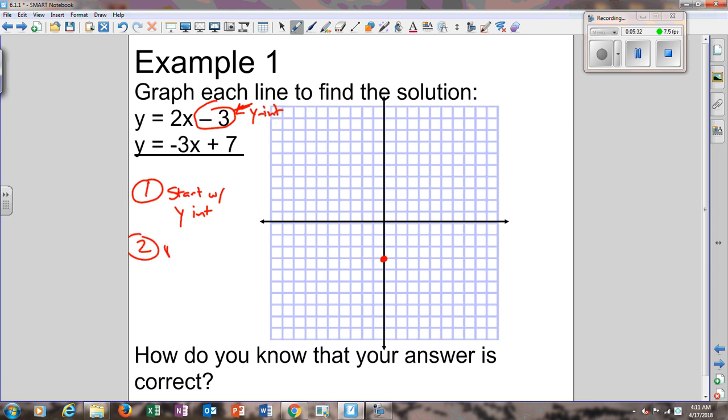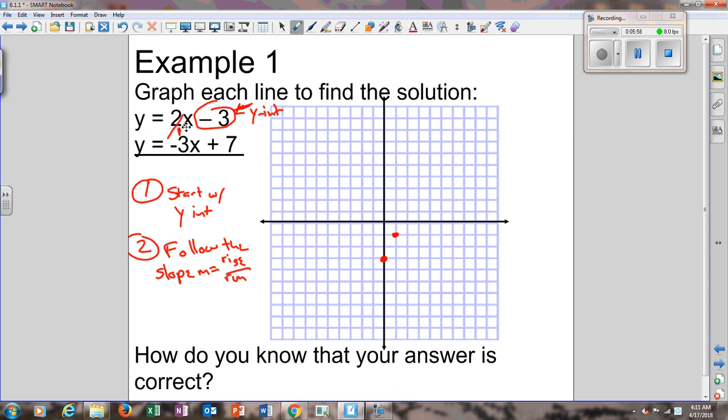Step 2, follow the slope, m, which is rise over run. So you go up 2 and over 1. Why? Because every whole number divided by 1 is what gives you the whole number.